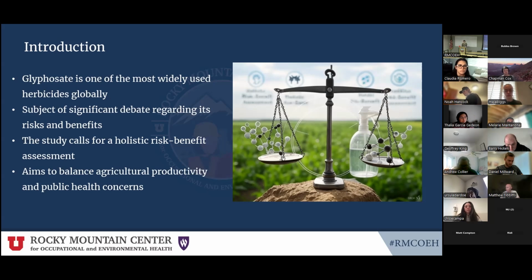On the other hand, glyphosate has been instrumental in boosting agricultural productivity, reducing costs, and ensuring food security. The study by Beretti calls for a comprehensive, balanced risk-benefit assessment rather than selective risk avoidance. The goal is to ensure the regulatory decisions are made based on complete, transparent, and evidence-based evaluations.